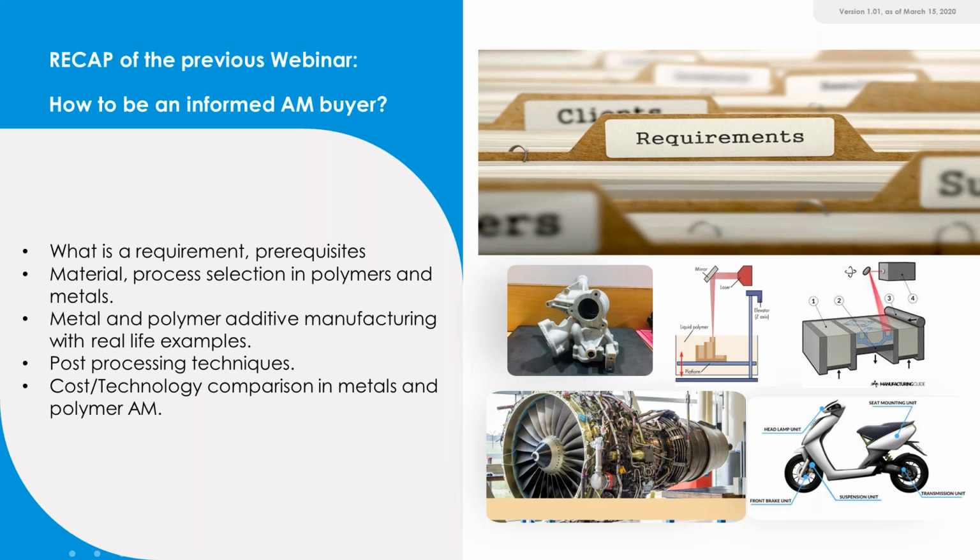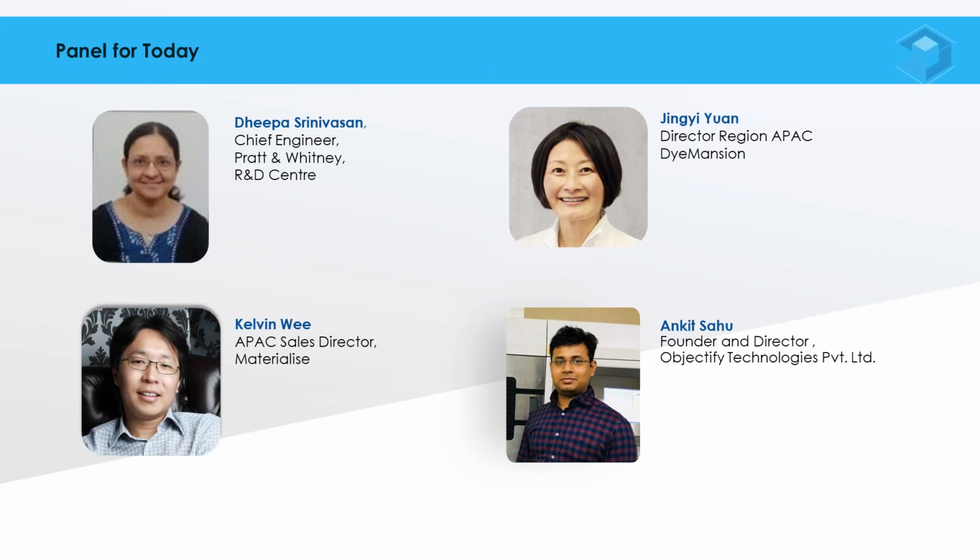So all in all, there has been a great discussion in our previous webinar, which was done a week back on 16th of July. And today we are trying to understand what are the pre-requirement of printing and what are the post-requirement of working. So we will be talking more towards the whole process chain of the technology itself.